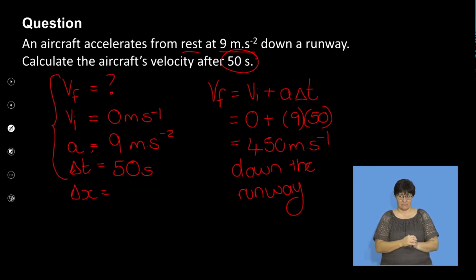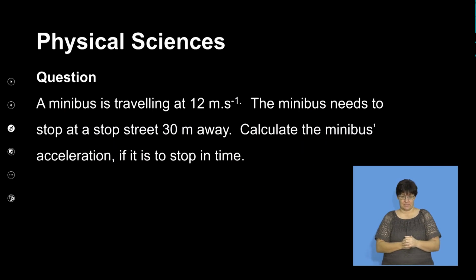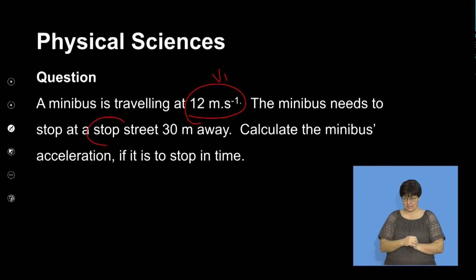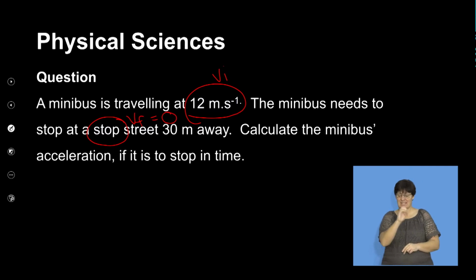Let's do another one. So here we go. A minibus is traveling at 12. Initial velocity. The minibus needs to stop, the final velocity is 0, and it's got 30 meters to stop in.